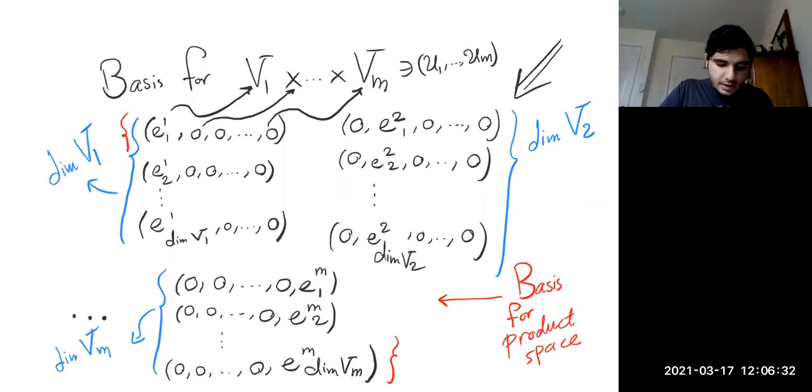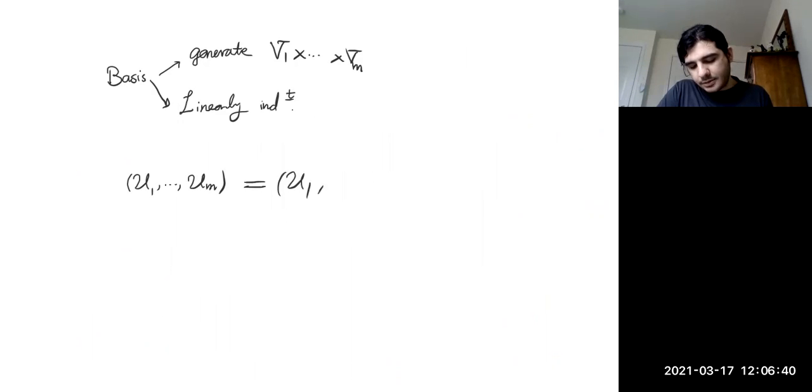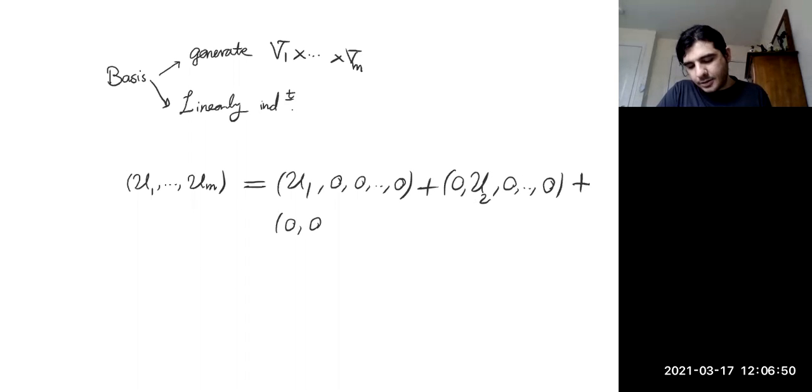But the point is that (u1, ..., um) is equal to (u1, 0, 0, 0) plus (0, u2, 0, 0) plus (0, 0, u3, 0, 0, 0), and until the last one, which is (0, 0, 0, um).